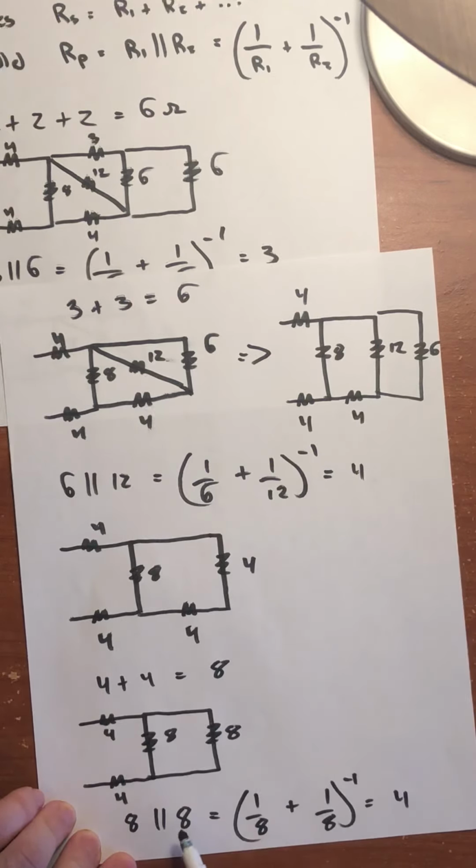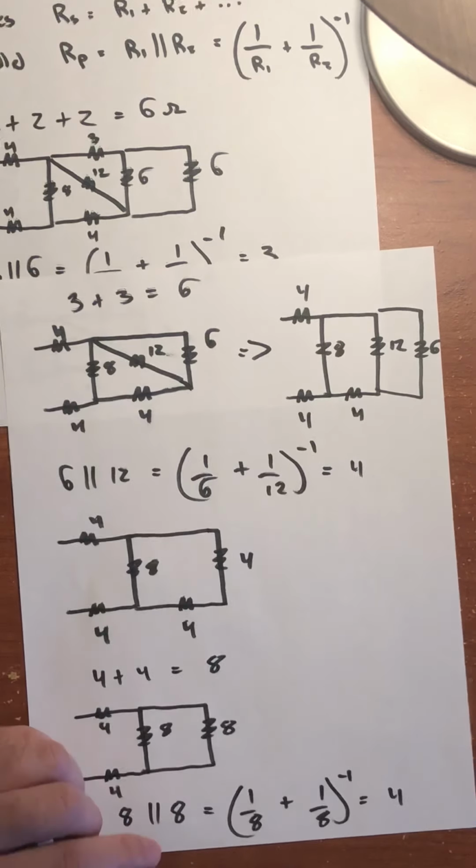For example, 8 in parallel with 8 is 4, 6 in parallel with 6 is 3, and 9 in parallel with 9 would be 4.5. That's the fast method. So 8 in parallel with 8 is 4, and we can redraw the circuit again.